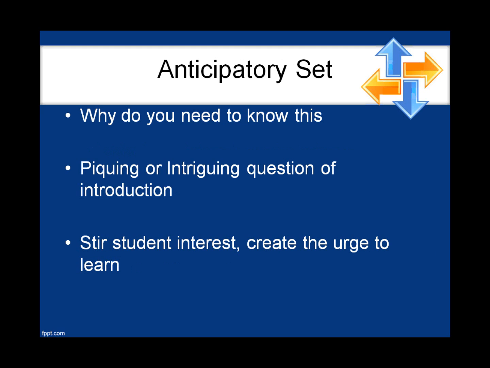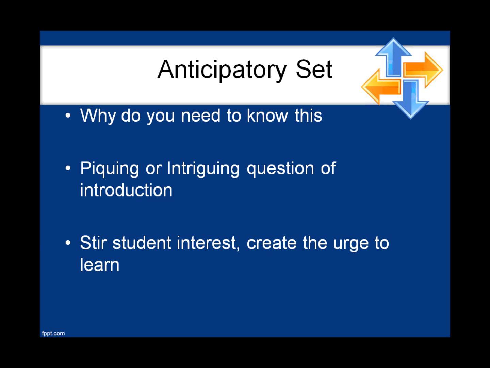The anticipatory set, from Madeline Hunter: why do you need to know this? In the Common Core, why do you need to know this? We don't teach anything anymore by saying you're going to need to know this for college, or for the test, or because it's in the curriculum.